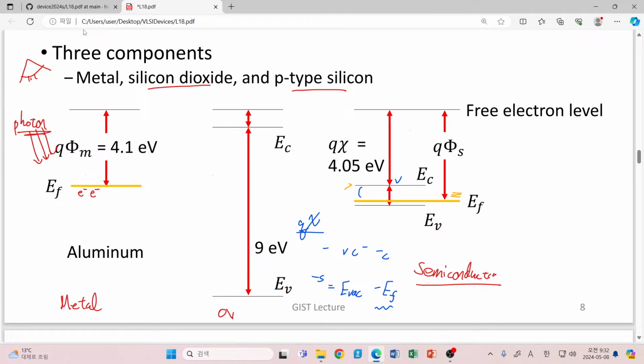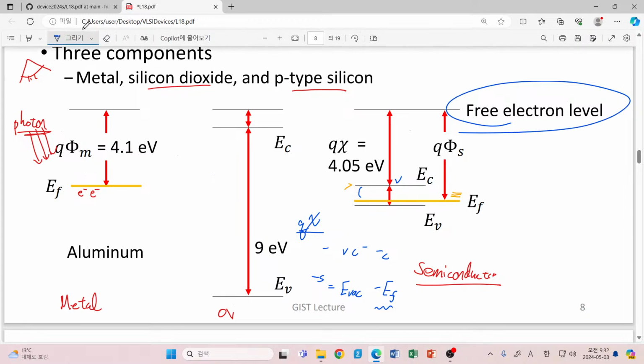All of these quantities except for this free electron level are just assigned to each material, so they can be discontinuous at a material boundary.